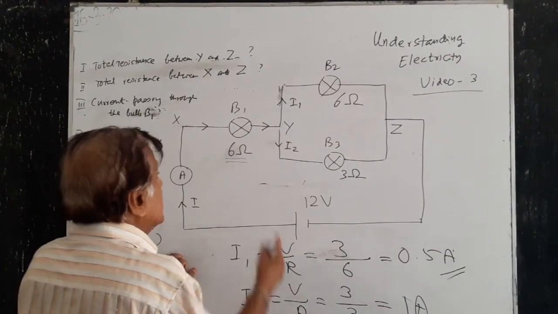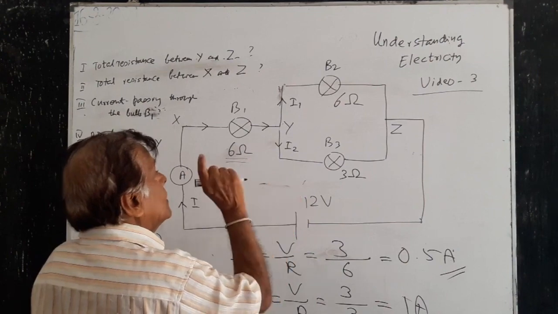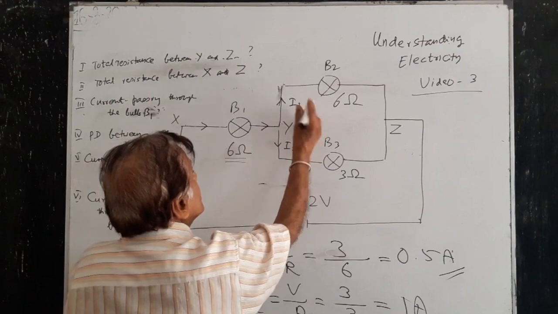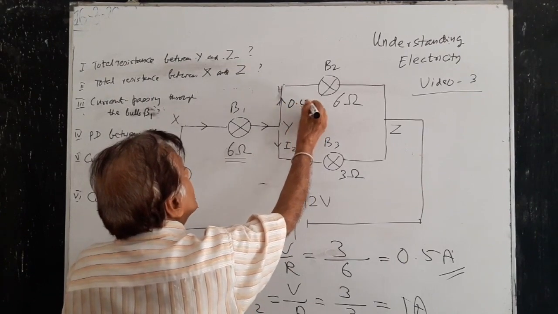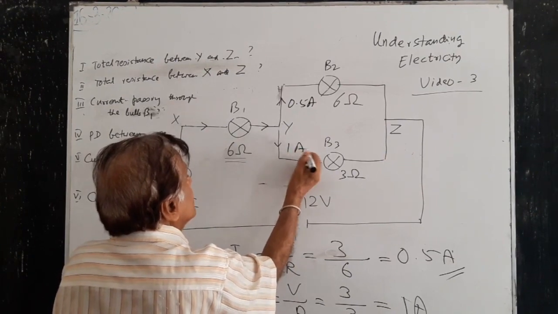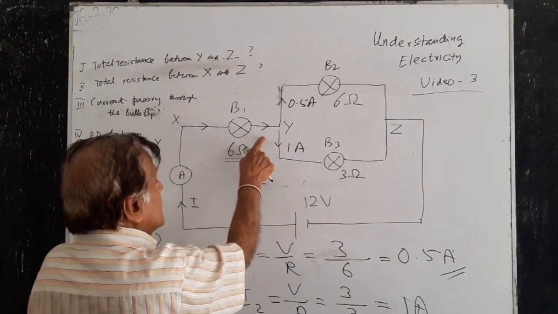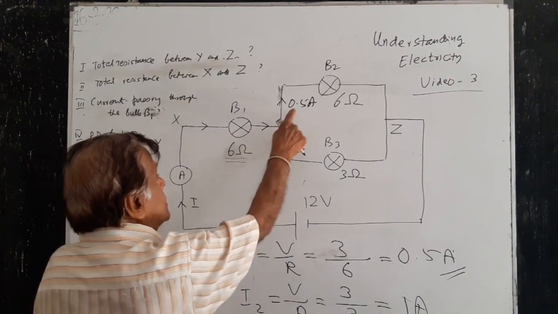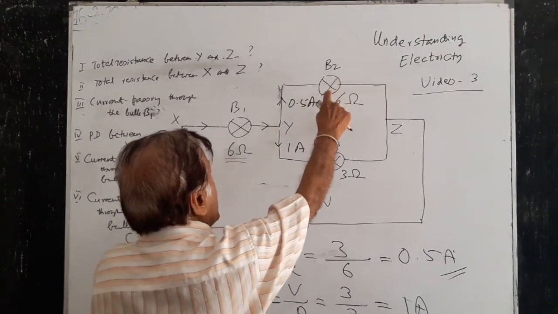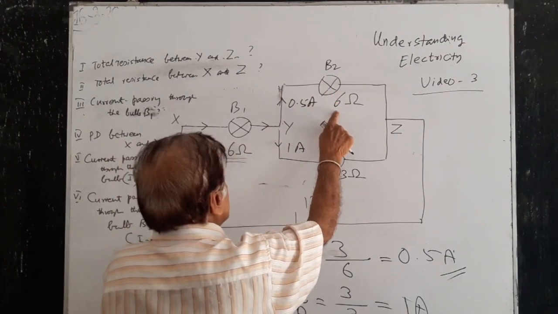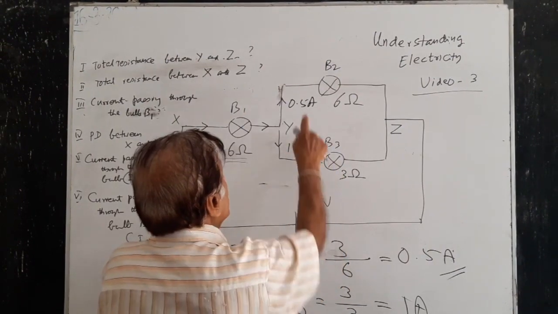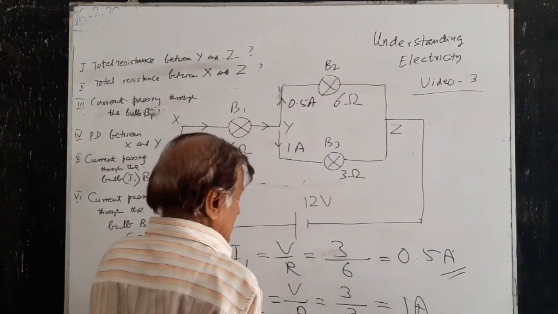It gets divided according to the resistances. Through this bulb the current is 0.5, through this bulb 1 ampere. 1.5 is divided as 0.5 and 1. Because the resistance is more here, 6, and here it is 3, that is why 1 ampere goes to this bulb and half an ampere to this bulb.